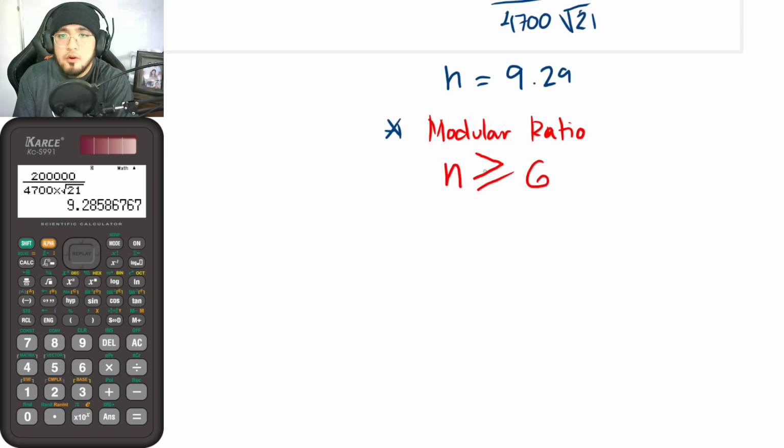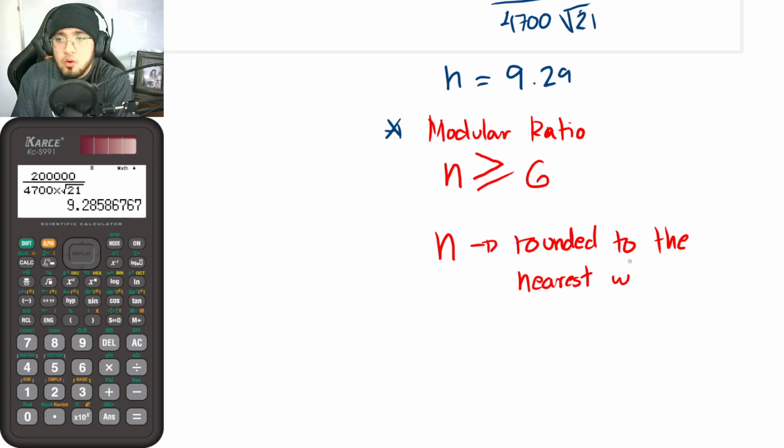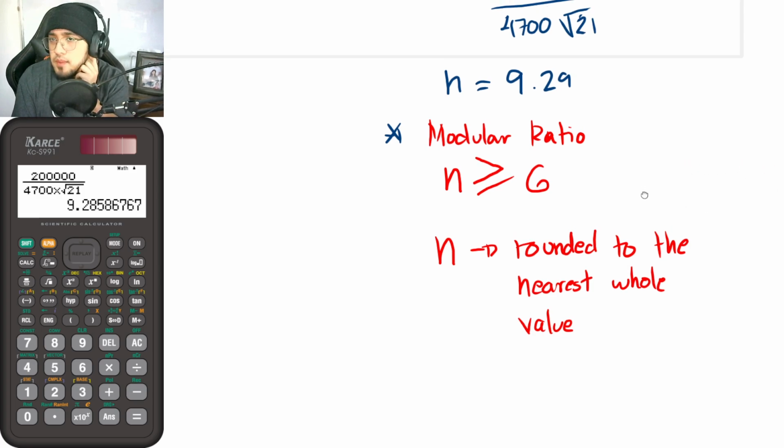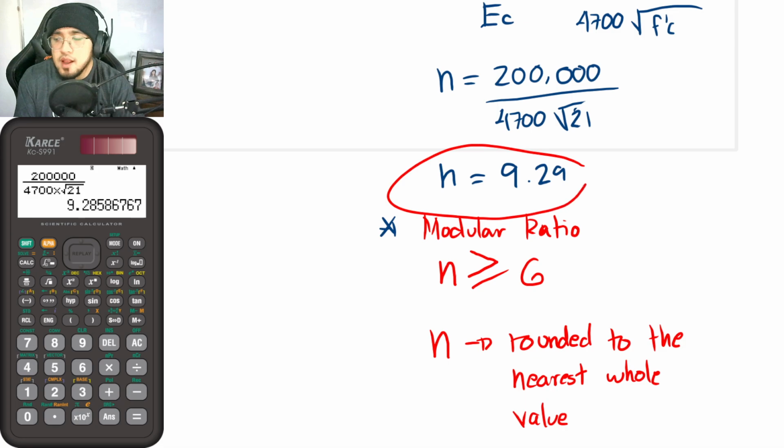Furthermore, another code provision is that the value of n must be rounded to the nearest whole value. To be honest with you guys, I do not really know the rationale of this, because you might ask me, wouldn't it be more accurate if I would make use of this value?